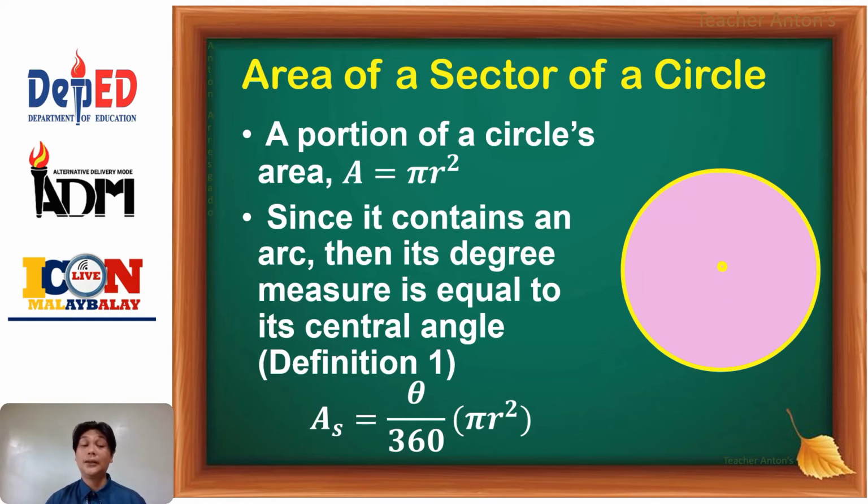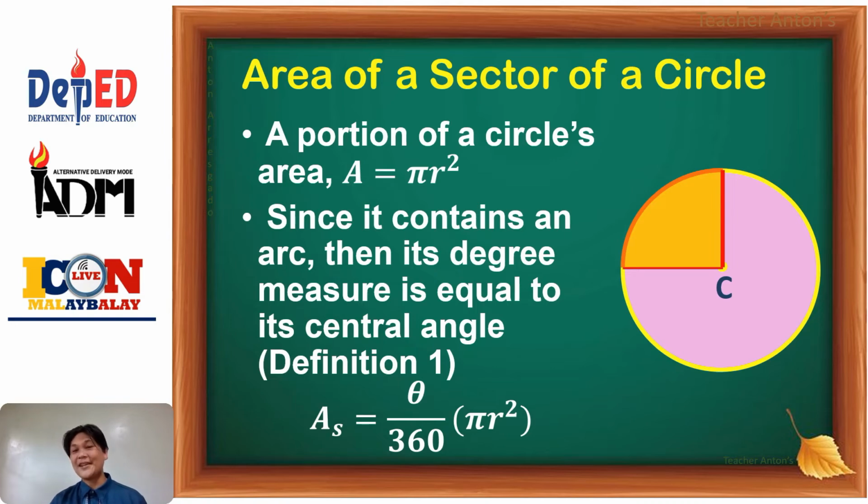To understand this better, let us take a look at the figure. We have a circle C, and the circle C has that portion. The best way to imagine the area of a sector of a circle is to think about a slice of a pizza or a pizza pie.